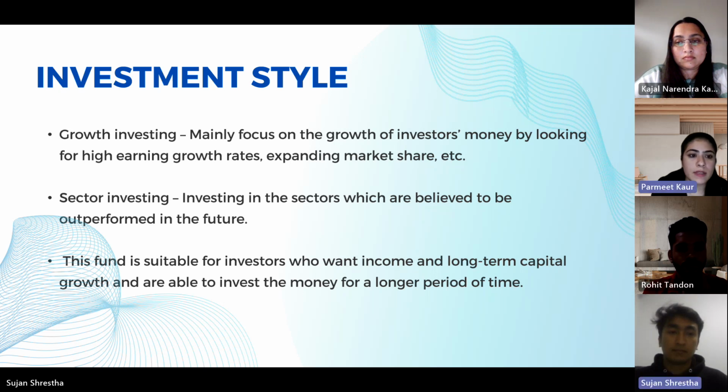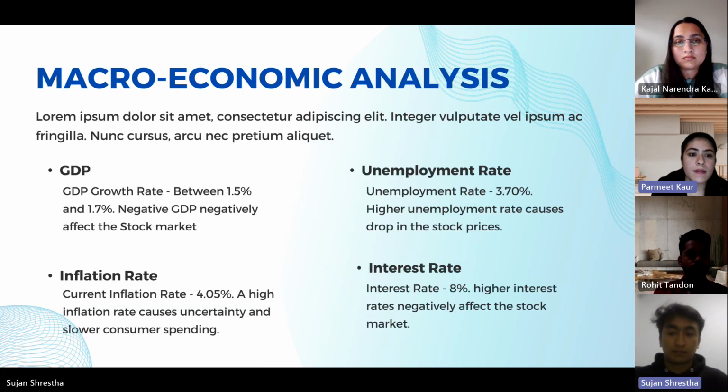Going forward to the next slide, that is macroeconomic analysis. In this analysis, we have taken the variables at the macroeconomic level and explain their effect on the stock market. Firstly, to discuss GDP. In 2023, the GDP growth rate will lie between 1.5% to 1.7%. The stock market fluctuates due to the changes in GDP.